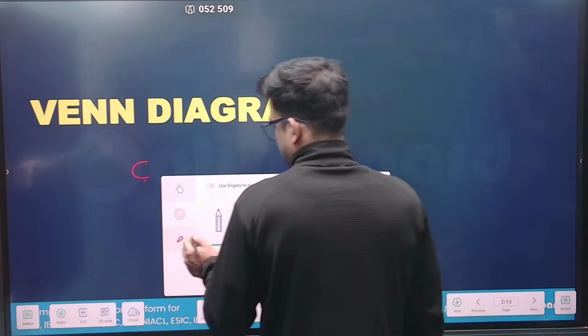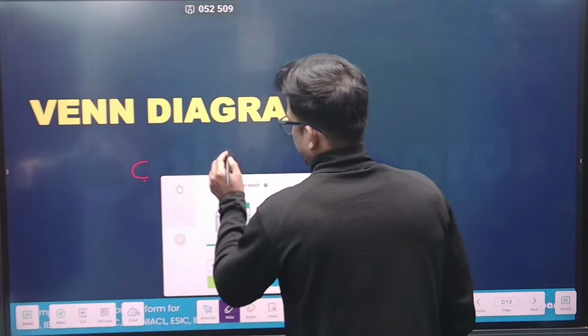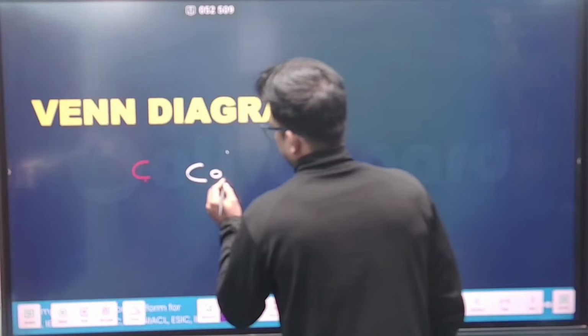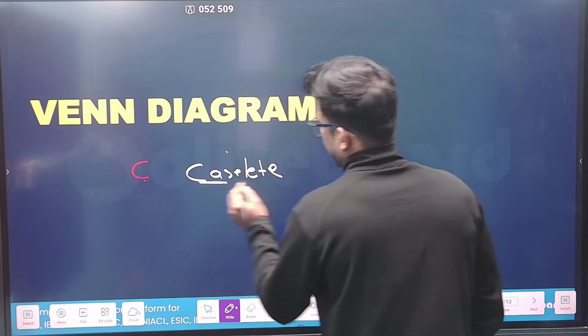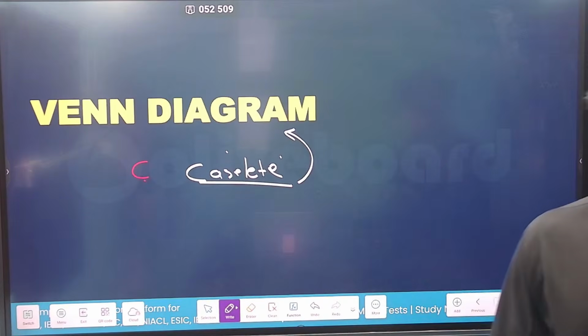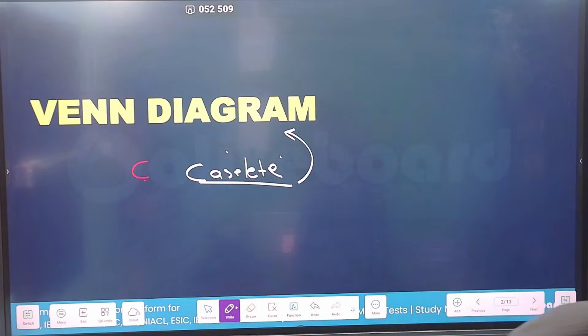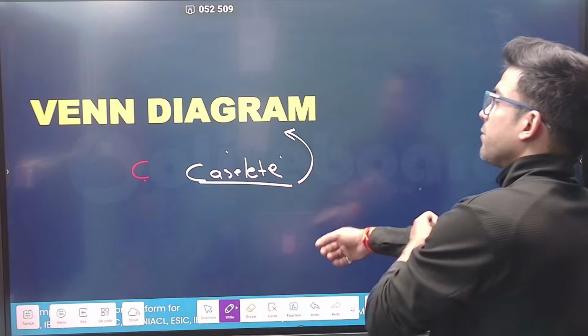In Caselet, as I've said to all of you, we get a problem of Venn diagram, isn't it? If you guys are there, you can just comment. Yes, in a Caselet we get a problem of Venn diagram.